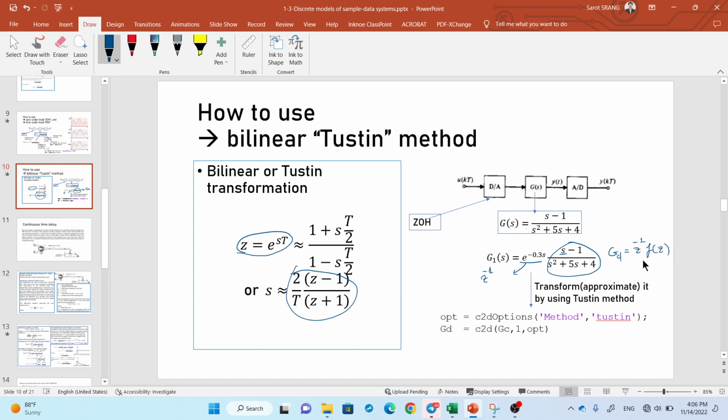Okay, and then in ITC-DCLab it's easy to simulate once you have polynomial functions for both numerator and denominator.